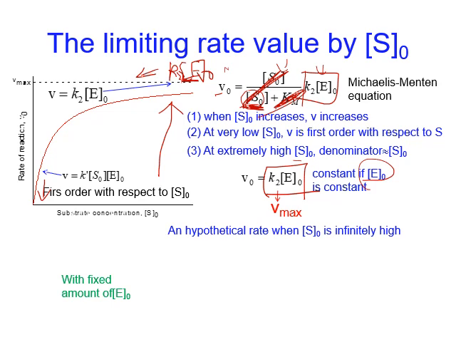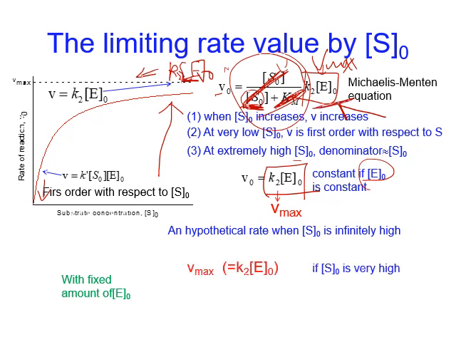Okay, and therefore the Michaelis-Menten equation can be rewritten as a fraction times Vmx, because K2 times E0 is the Vmx. So here is the conclusion. If enzyme concentration is fixed, the maximum reaction rate the system can approach is K2 times E0.